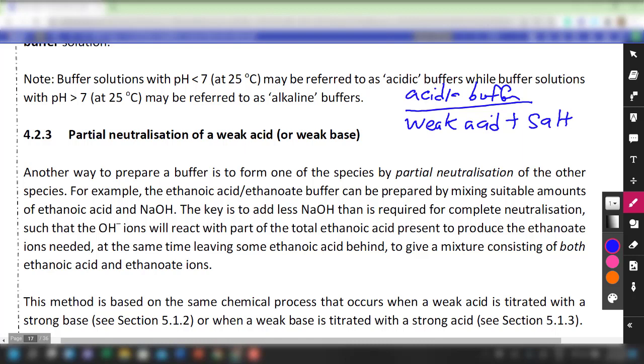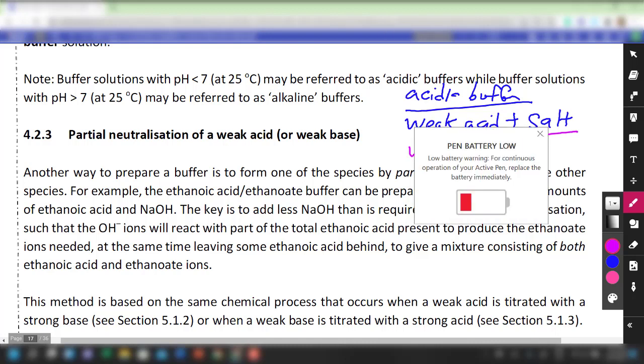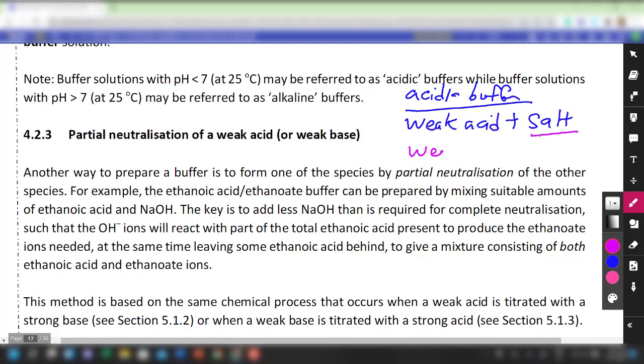Now those of you who are sharp enough probably realize that I do not really need to artificially add in the salts, because I can actually start off with a weak acid.